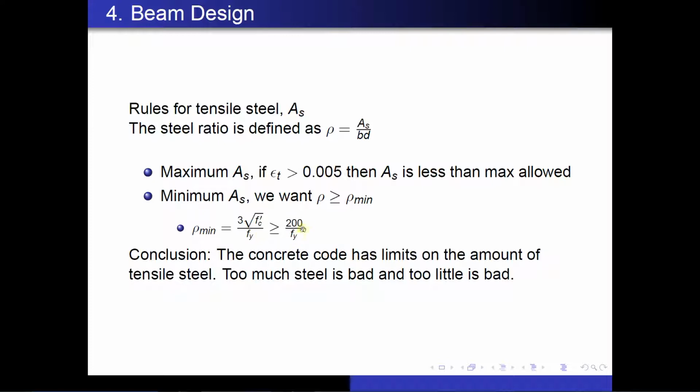So whichever of these is bigger is the value of rho minimum, and we want our steel ratio for our particular beam to be greater than rho minimum. The conclusion of this particular slide is that the concrete code has limits on the amount of tensile steel. Too much steel is bad, and too little is bad also.